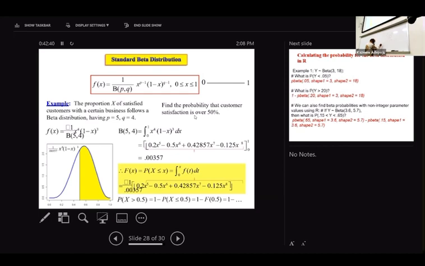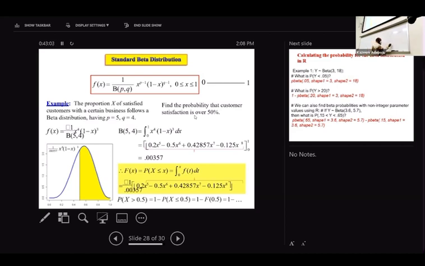You want to find the probability of X greater than 50%, which is the probability of X greater than 0.5. You're going to go from 0.5 to 1, because you know that the range of x is from 0 to 1. The random variable is a continuum, it is a proportion.